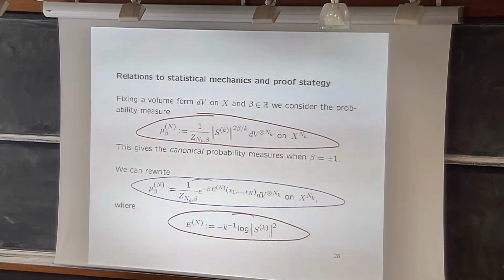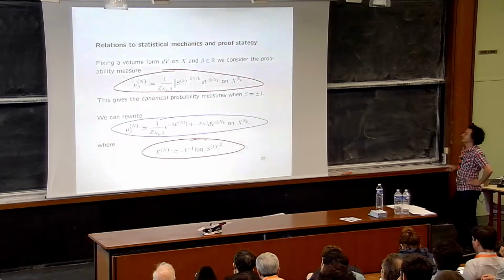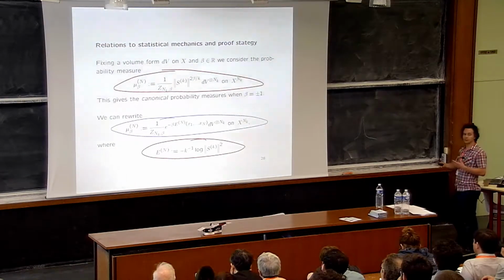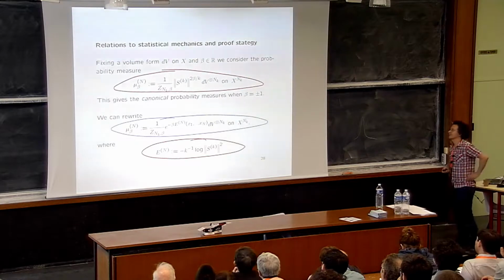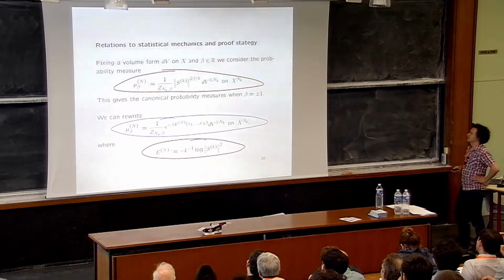In the case of a variety of general type, we should take beta equal to 1, and this turns out to be independent of the background volume form. In the case of a Fano, we should take beta equal to -1, and this is again canonical. But it's useful to work in this general situation because then you can deform beta.